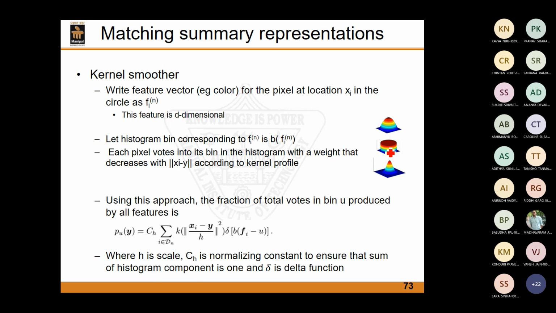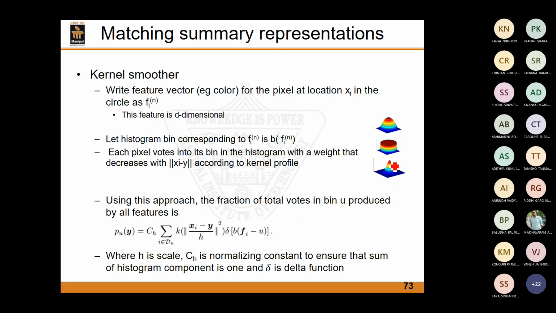Using these kernels, for example in the Gaussian kernel, let's say this is where the center lies, corresponding to this particular point. Those pixels which are around and very close to the center would have the maximum contribution, or we give more weightage to them as compared to those pixels which are further away from the center.